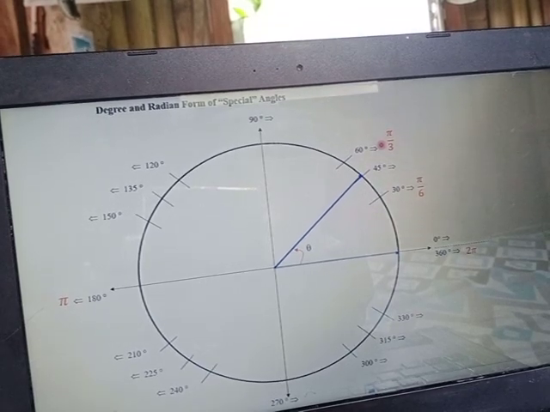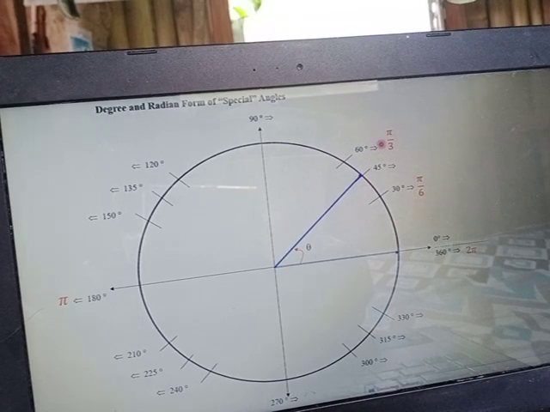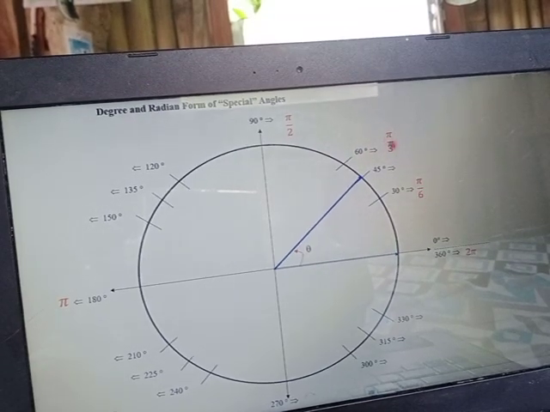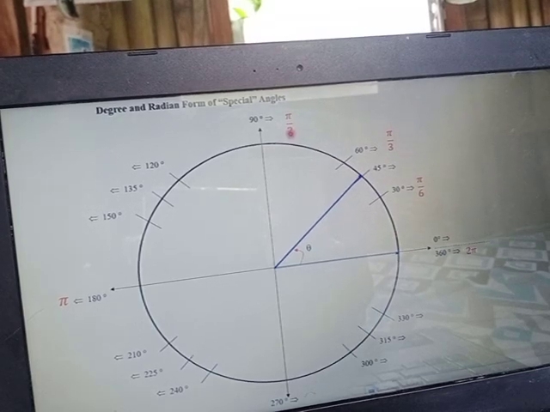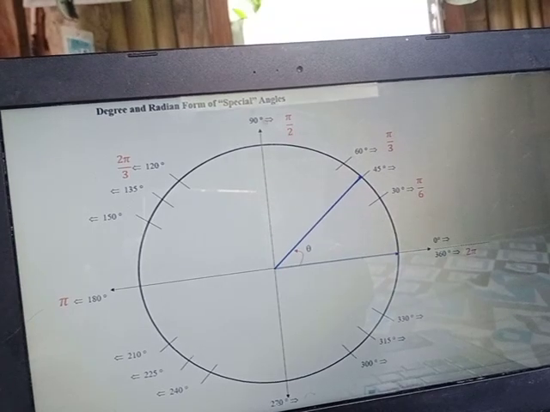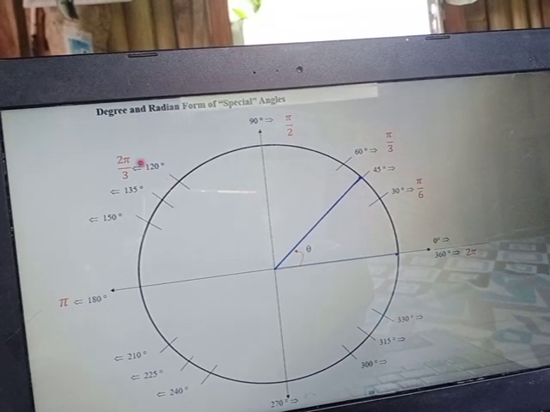And then we have a multiple of 30. So we have 90. So 90 is equivalent to pi over 2. So we have again, this is 1 pi, 2 pi, this is 3 pi over 6. So 3 pi over 6 is equivalent to pi over 2. And then we have multiple of 30, so we have 120. And 120, so we have 2 pi over 3. Why is it 2 pi over 3?